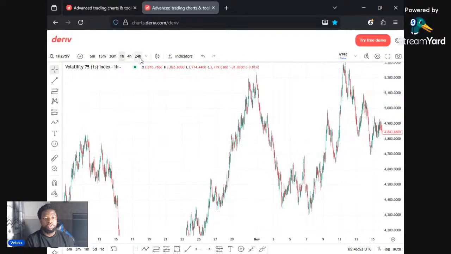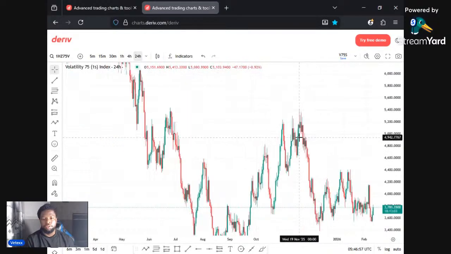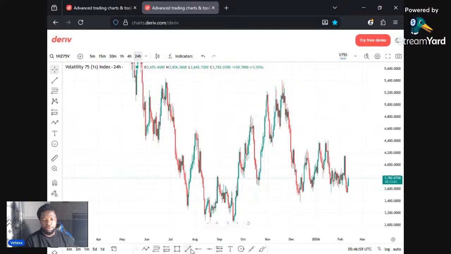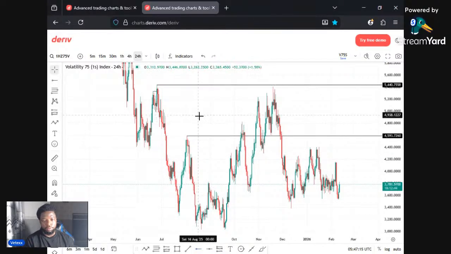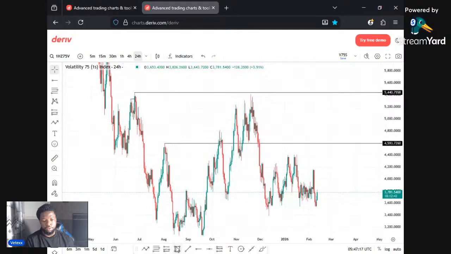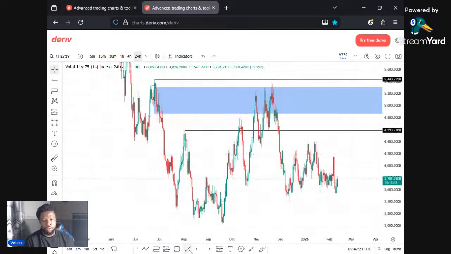So starting from the 24-hour time frame, V75 1S is bearish, right? So we have a sweep of liquidity which is here. How about a break of structure? A protected high, right? It's our point of interest. So this is break number one.